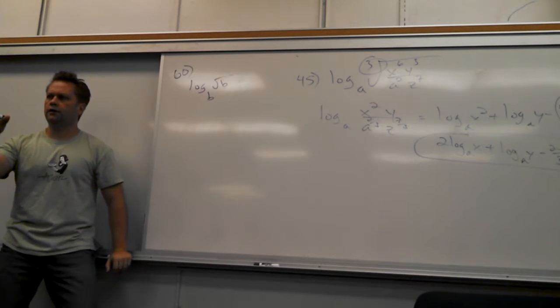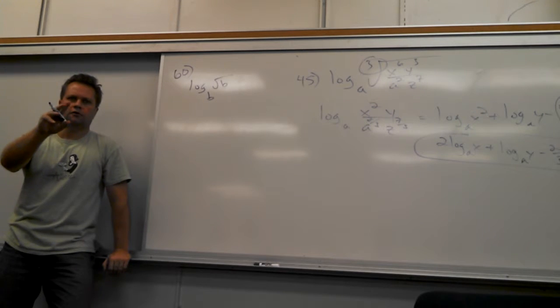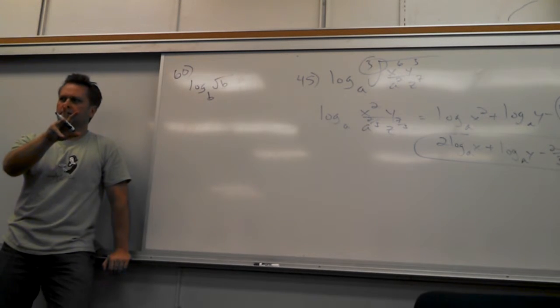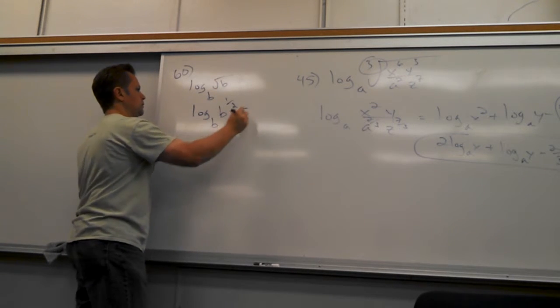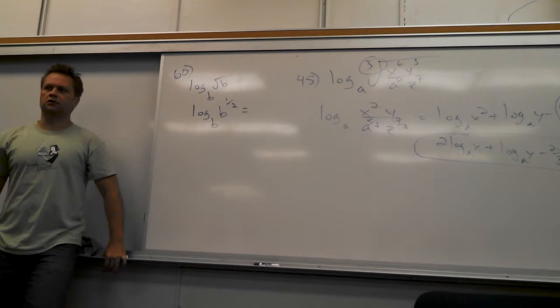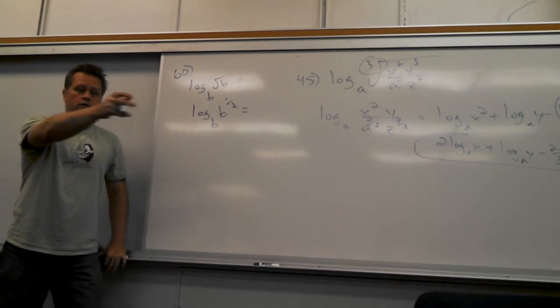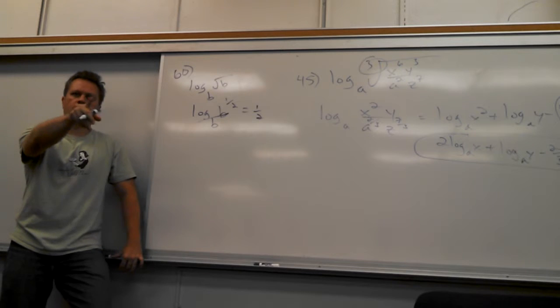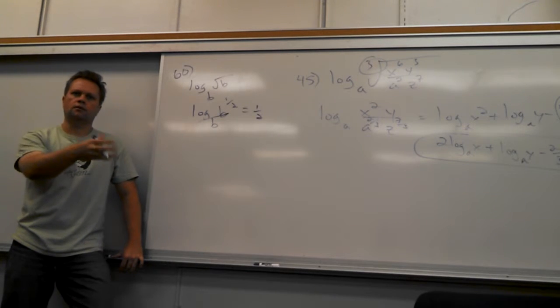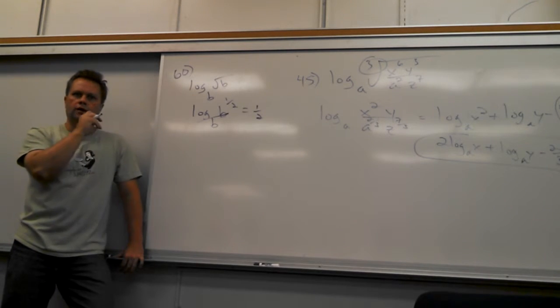And what was the thing I just said about roots? Yeah, rewrite it. And this becomes that silly kind of thing. What do you raise B to get B to the 1/2? So the answer is just 1/2. Beautiful. So that's the one out of that section that doesn't matter, their definitions of log base B of 3. It's just 1/2 no matter what.